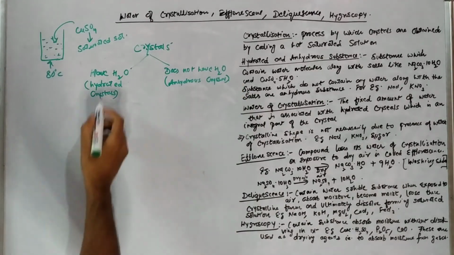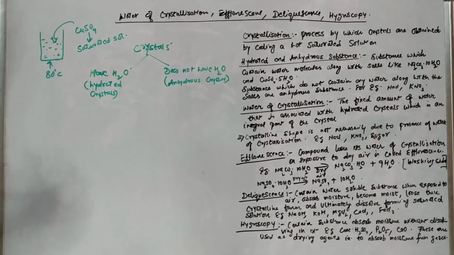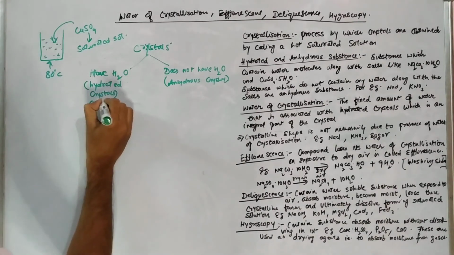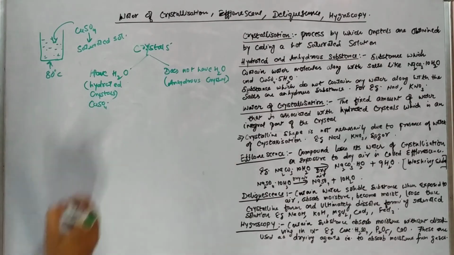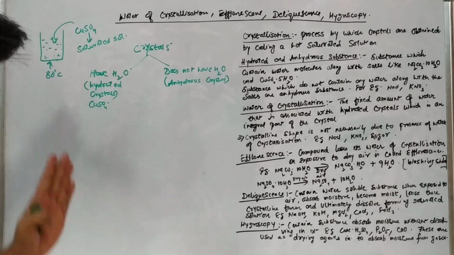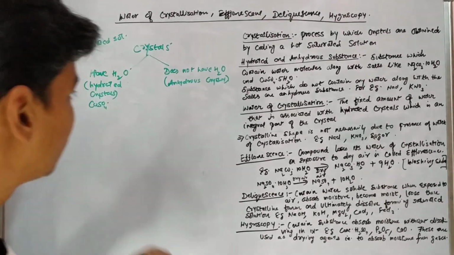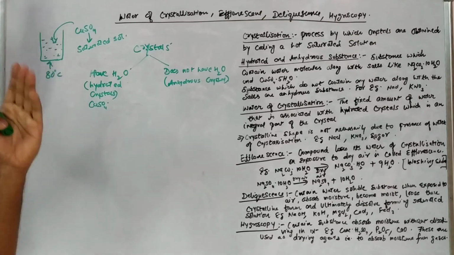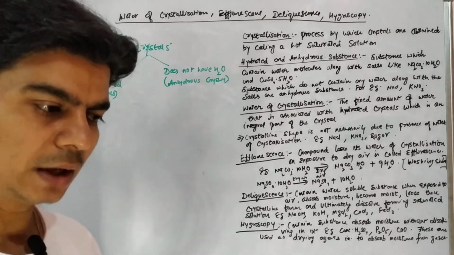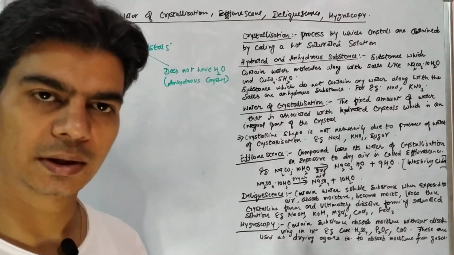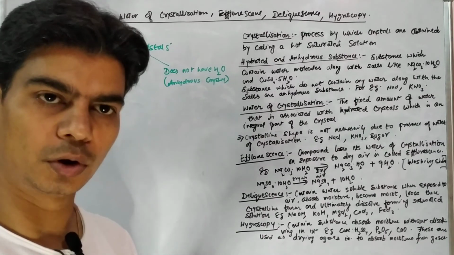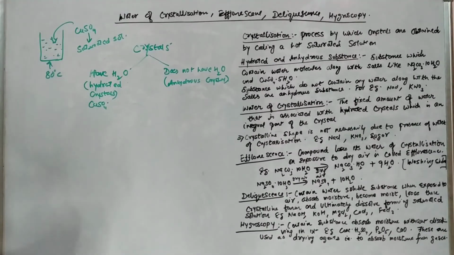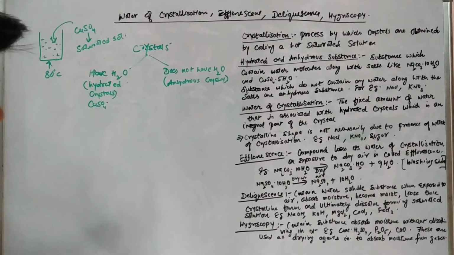An example of a hydrated crystal is copper sulfate. These hydrated crystals have some water molecules within their crystal structure.